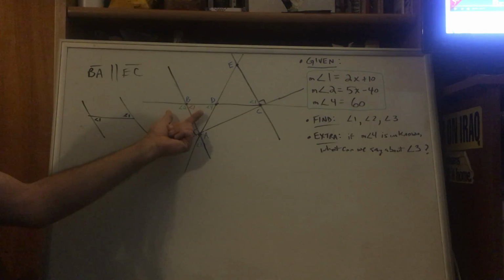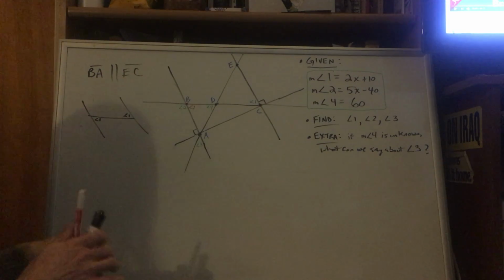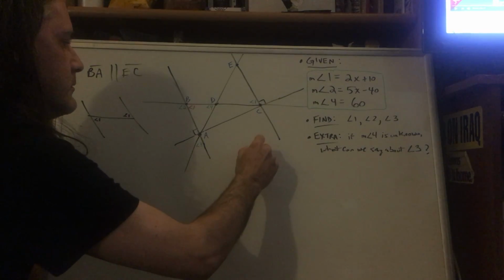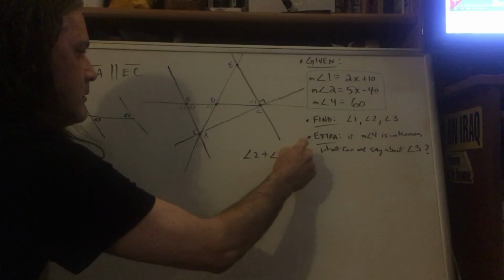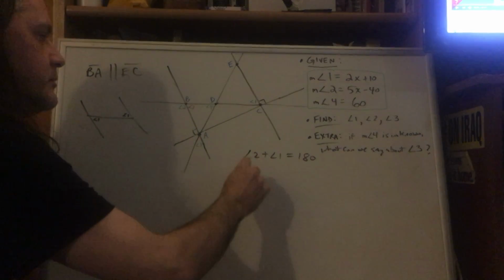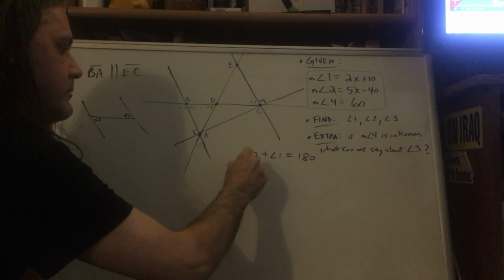And now we see that we have a linear pair with angle 1 and angle 2. And so now we can solve this problem. Now I should be putting the little m's in front of it, but we're not going to worry about that. So now we solve this problem.